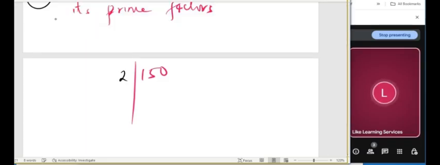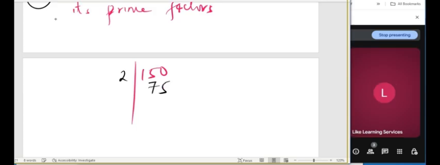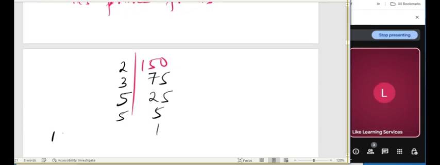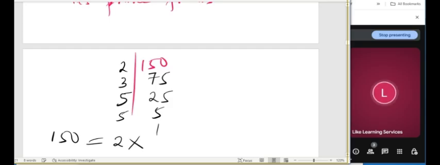150 divided by 2 will give you 75. 2 cannot divide 75, let's use 3. 75 divided by 3 will give you 25. 3 again cannot divide, so let's use 5. 25 divided by 5 is 5, then 5 divided by 5 is 1. So 150 is equal to 2 times 3 times 5 times 5.